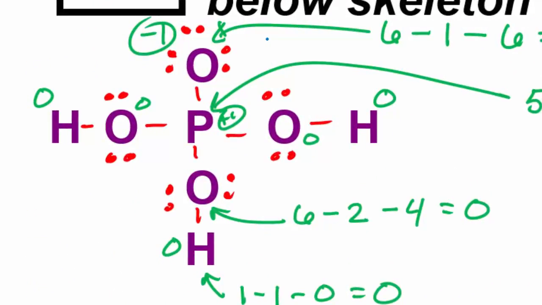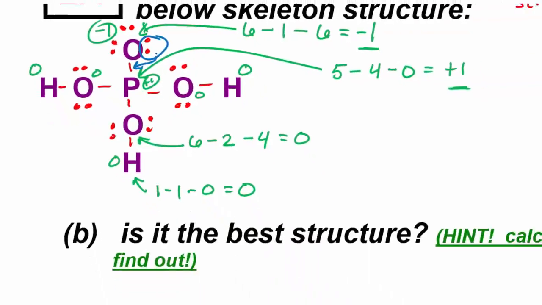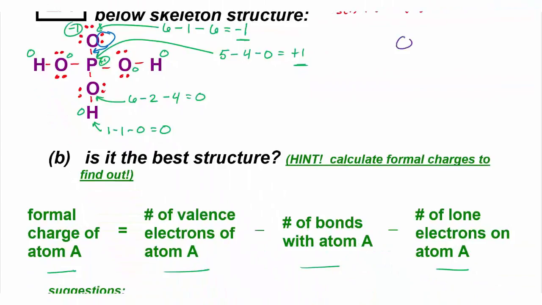So since this oxygen has a non-zero formal charge, let's move those electrons in there and make a double bond and see what would happen. So our structure looks like this. Can't change our skeleton. And all we did is we made a double bond here by moving those electrons in. Everything else is going to be the same.